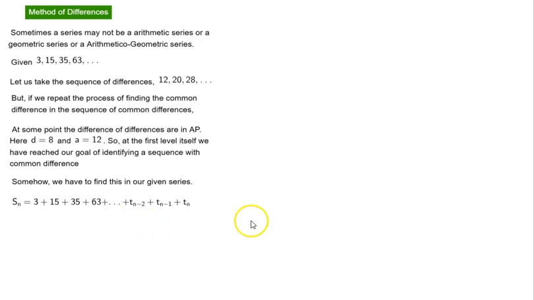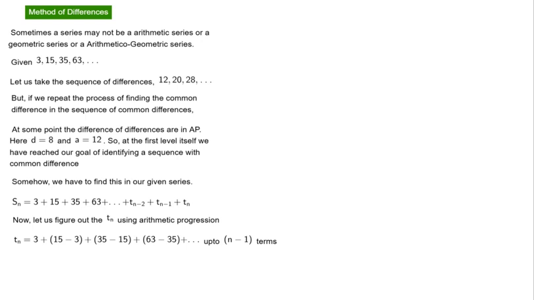So let's look at the series itself. S sub n is equal to 3 plus 15 plus 35 plus 63 and so on, up to t sub n minus 2 plus t sub n minus 1 plus t sub n. Now let us figure out the nth term using the arithmetic progression. So we have t sub n equal to 3, we leave it as it is. One term, you can't have a difference.